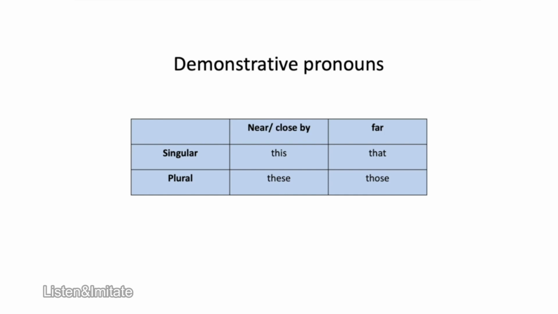To indicate one or more things near in distance or time, we use the pronouns this and these. To indicate one or more things that are far in distance or time, we use the pronouns that and those.